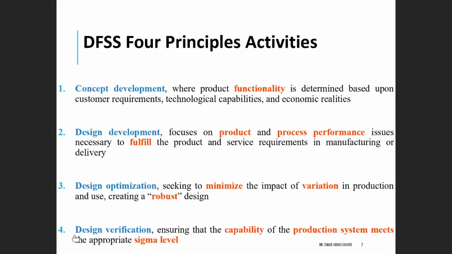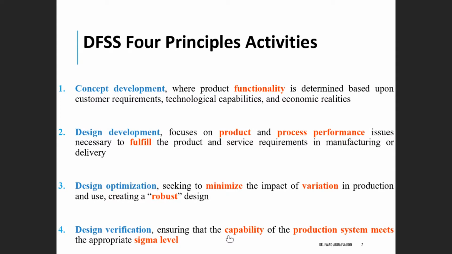You always should have a continuous loop or continuous monitoring, and that's where the design verification comes in, as one of the 4 principal activities in the design for Six Sigma, ensuring that the capability of the production system meets the appropriate Sigma level. So you make sure that the product or the service or the process you design is meeting the appropriate Six Sigma that you have established from the beginning.